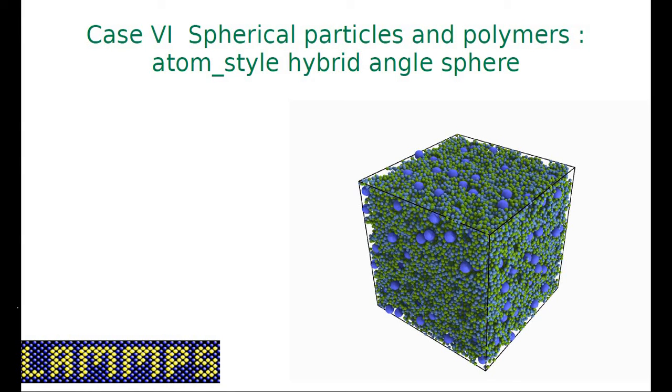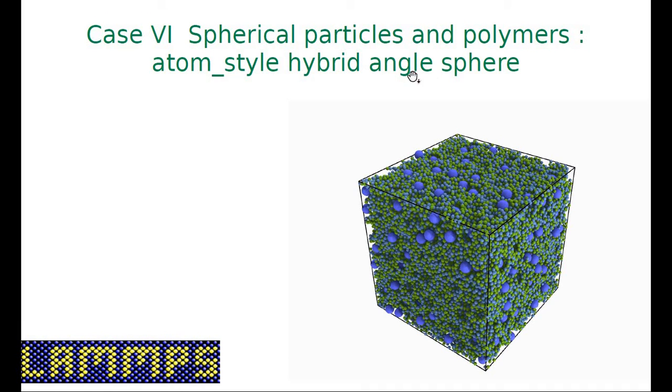Case number 6. Spherical particles and polymers. For this, we use the atomistic hybrid. So when we use the word hybrid, we are mixing two kinds of atom styles. In this case, we are using the angle style we have explained before and the sphere style we have explained before.